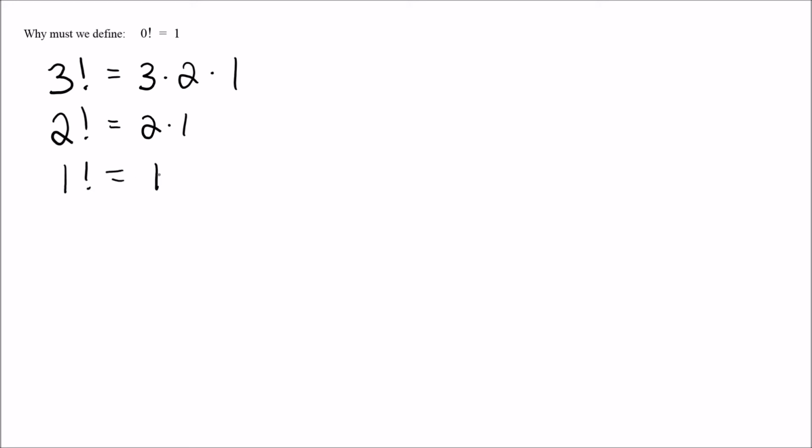So the first one here, why must we define 0 factorial equal to 1? Well, let's start off with some basic facts about what we know about factorials. I know that 3 factorial is equal to 3 times 2 times 1. Just like I know 2 factorial is equal to 2 times 1. Just like we know 1 factorial is equal to 1.